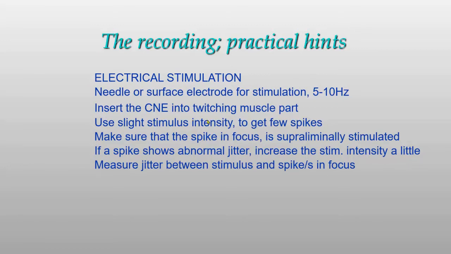We must make sure that the spike in focus is supraliminally stimulated, because with understimulation we will get jitter and blocking in the stimulation point. So if the recording shows abnormal jitter, we should always increase the stimulus just a little to see whether it disappears or not. We measure the jitter between the stimulus and the spike.